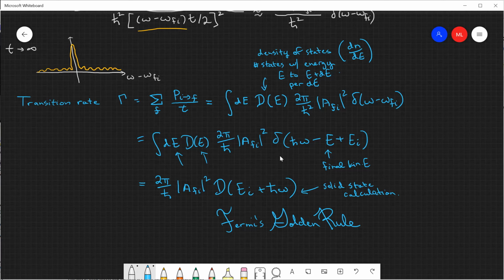So the density of states is typically just for a free particle. But I'll do it in recitation. And I guess since the homework is not due this week, the recitation will be Thursday. So this will be in recitation on Thursday.